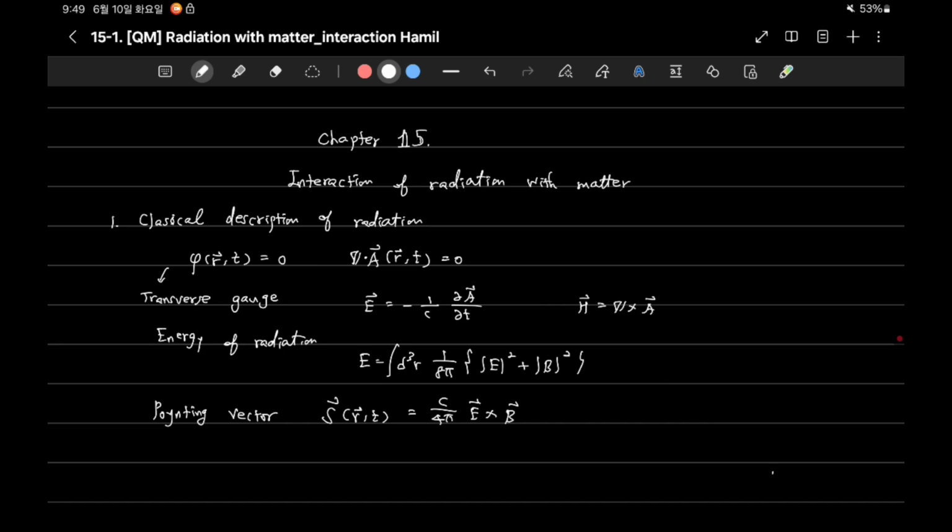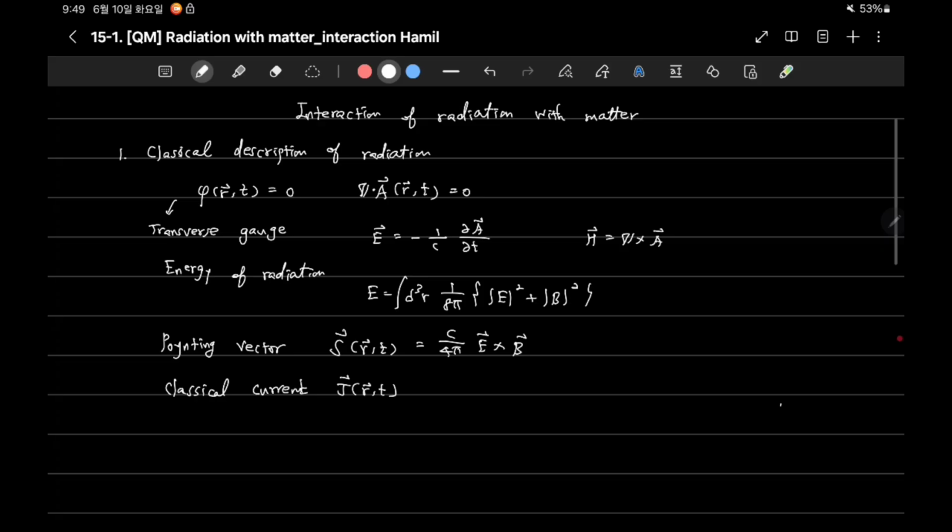And anyway, then the classical current j(t) can be found by solving the equation: Laplacian minus 1 over c squared partial t squared acting on A(t) equals minus 4 pi over c times j.